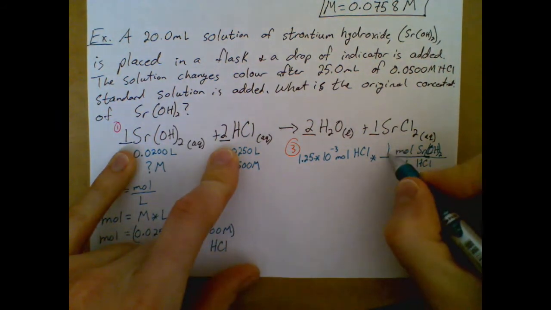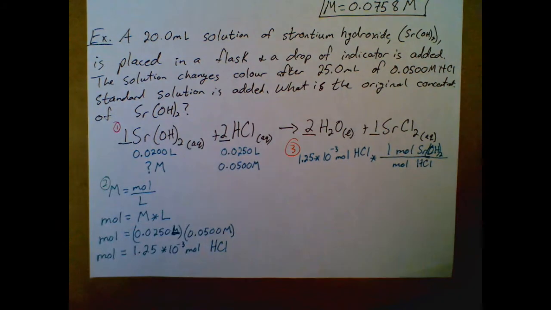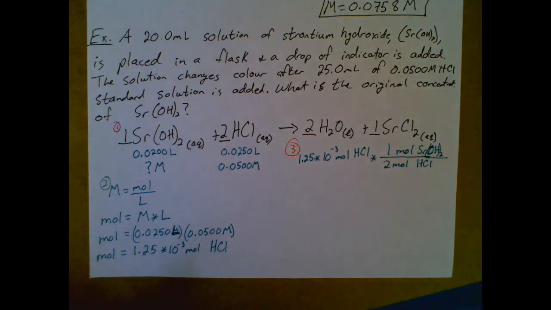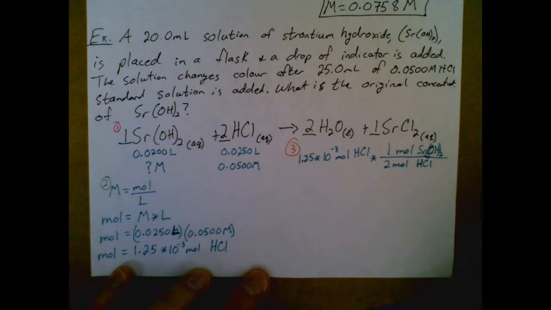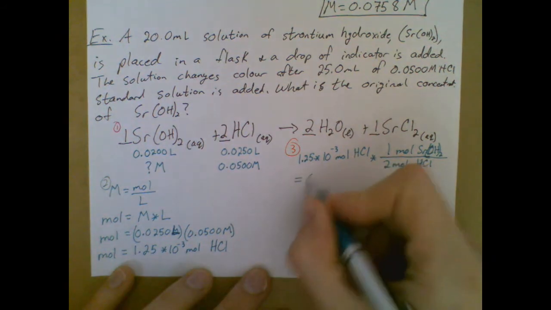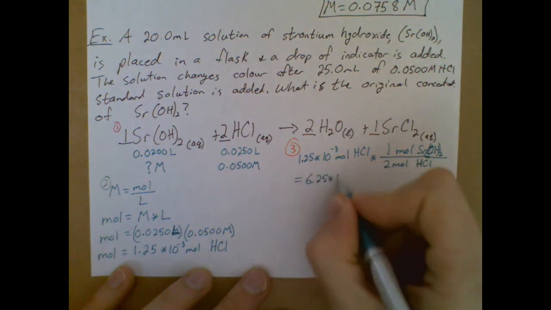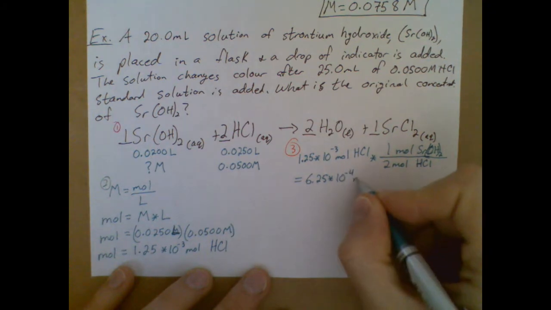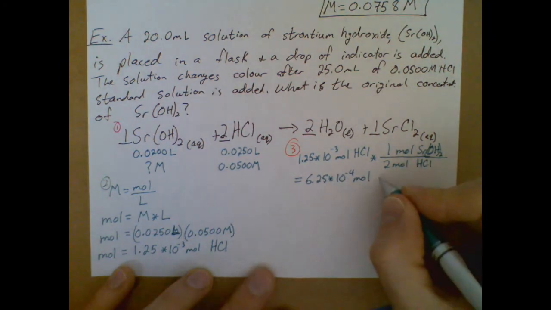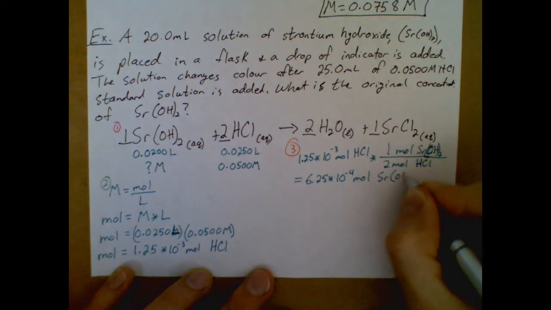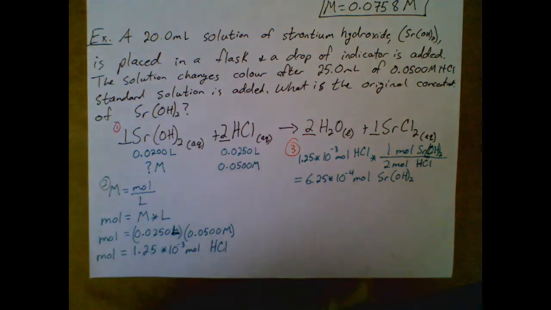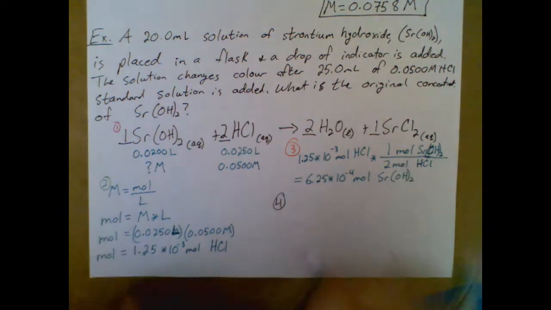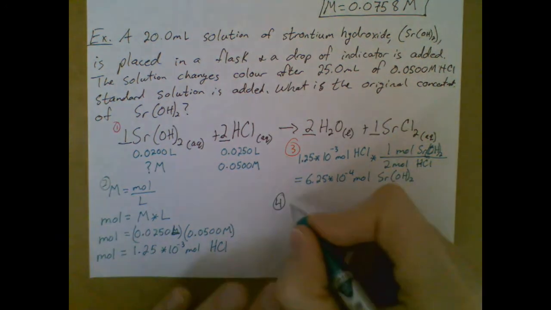There's 1 mole of Sr(OH)2 for every 2 moles of HCl. So what do we get? Well, we get 6.25 times 10 to the minus 4 moles of strontium hydroxide. That was step number 3. Step number 4 is go where the question asks, and the question asks for molarity.